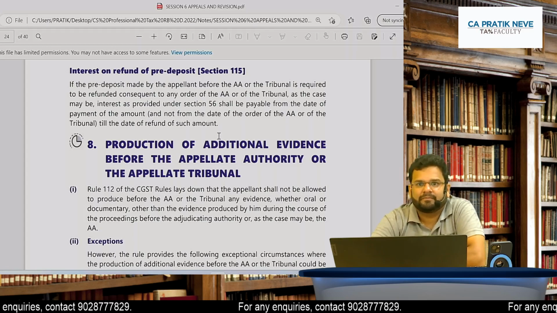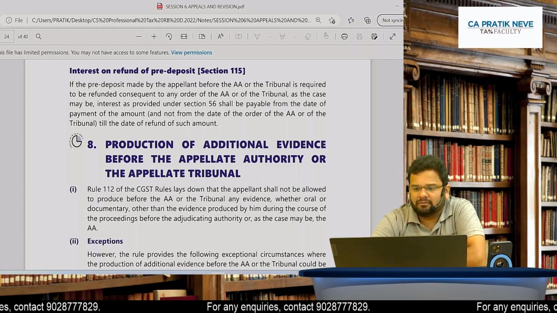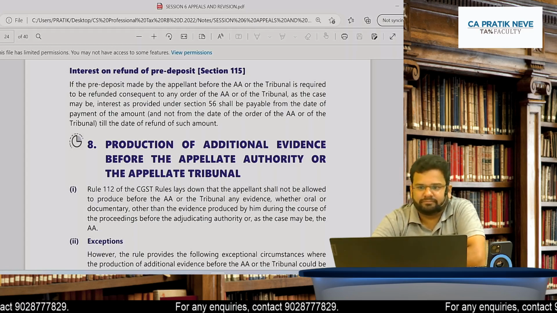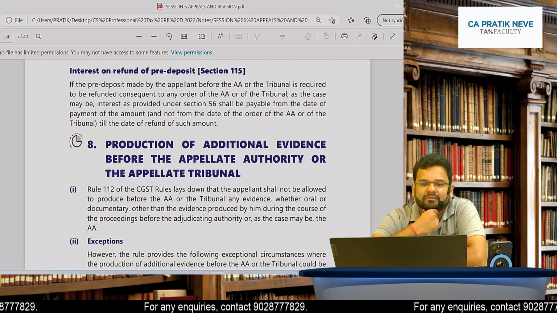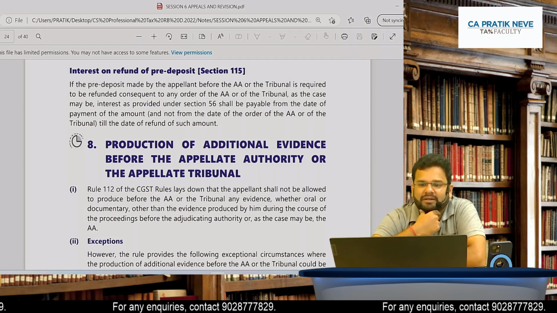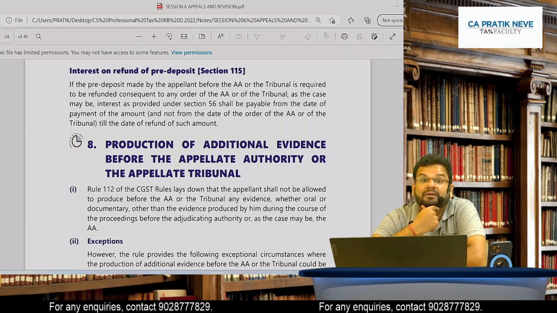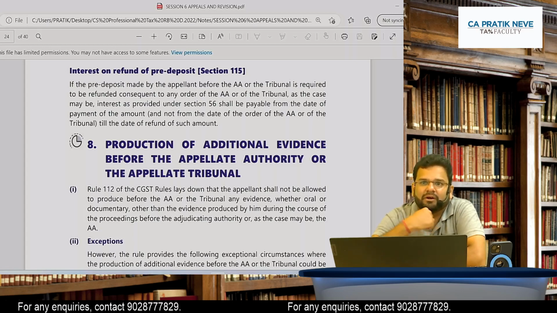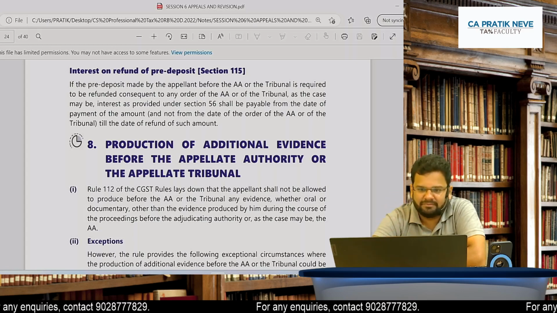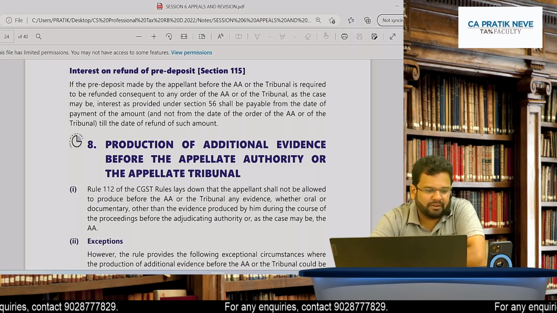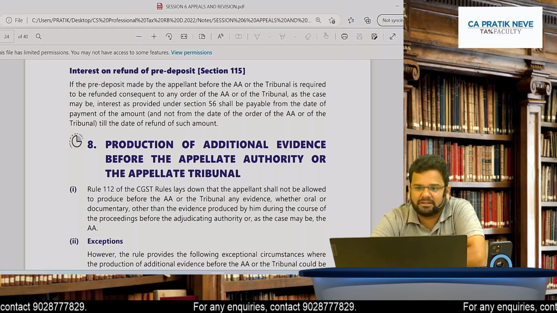Remember, from when you paid to when they refunded, check that period. For that period, calculate interest under section 56, that is at 6% per annum. When government pays you, they pay you peanuts. When you pay them, you pay thrice of that, 18% per annum.